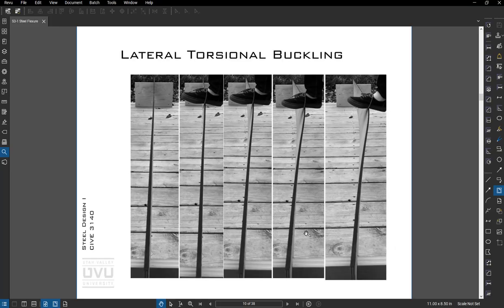Here's another picture of that: unloaded, light load, moderate load, and then quite a bit of load is causing this thin strip of plywood to roll over. And you saw that snip of a video earlier that had some of that going on. So take a good look at that. That's kind of at the crux of steel design, is understanding that this phenomenon happens.